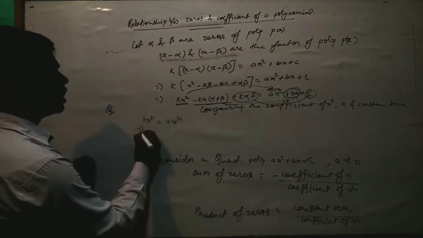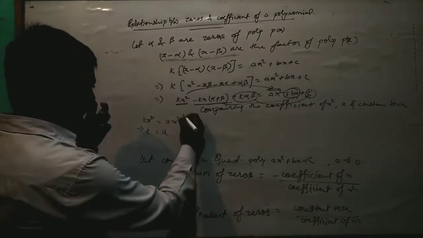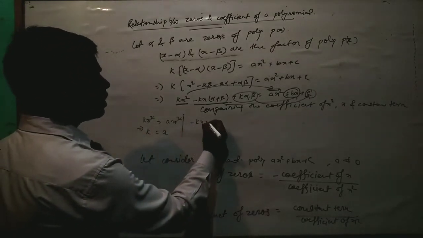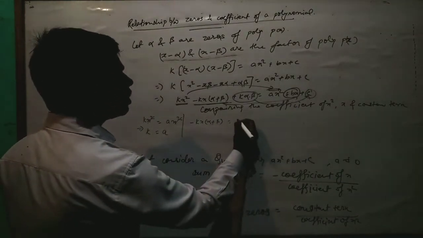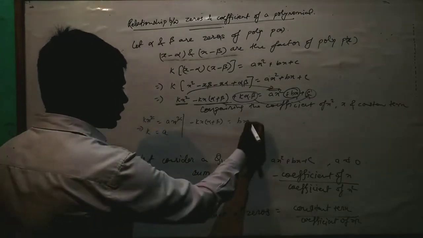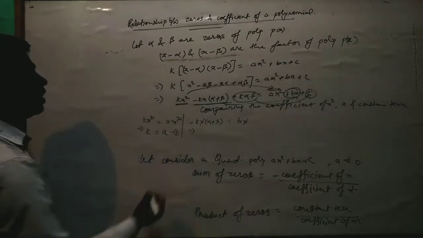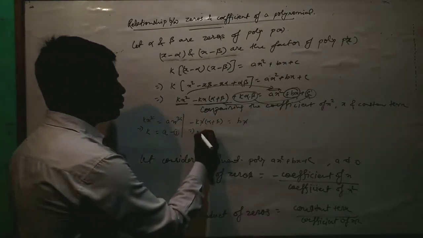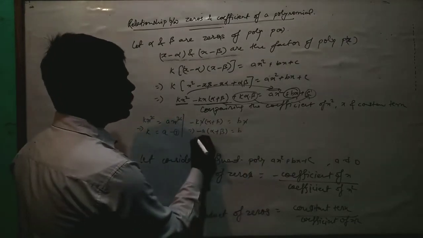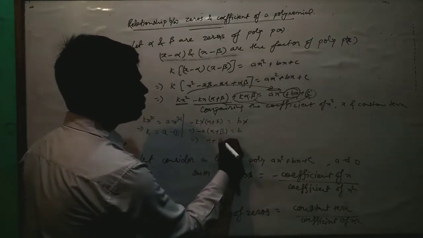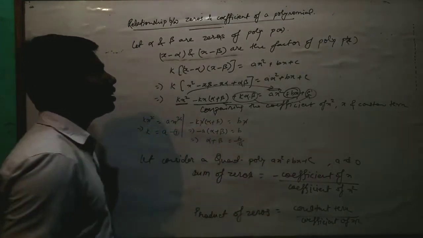Now compare kx square is equal to ax square. Here x square cancels, and we get k is equal to a. Again, minus kx (alpha plus beta) is equal to bx, then x and x cancel, and here we put k is equal to a, so minus a (alpha plus beta) is equal to b, and alpha plus beta is equal to minus b by a.